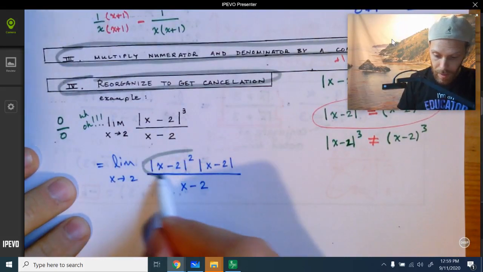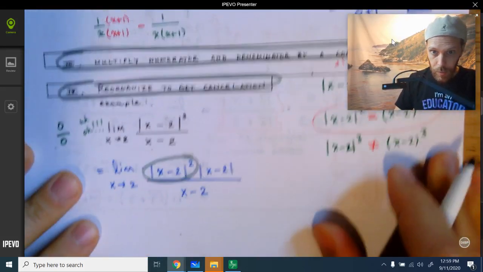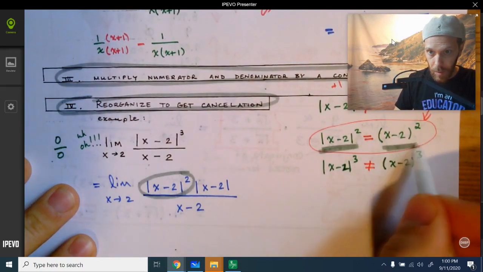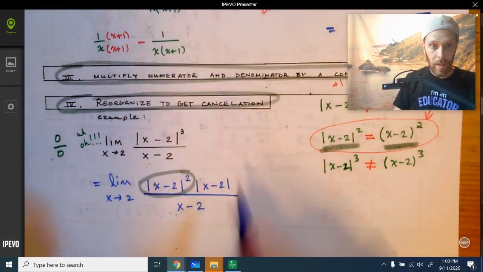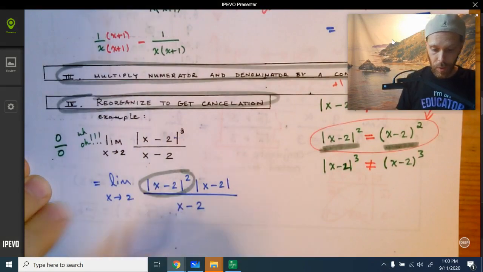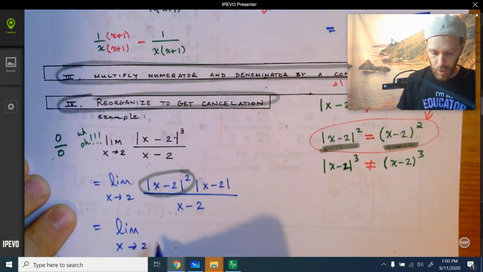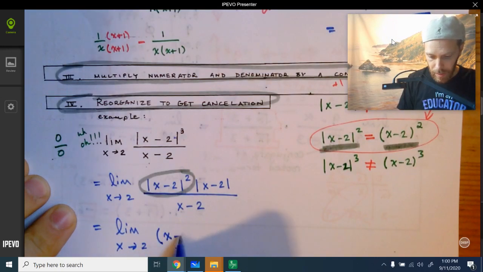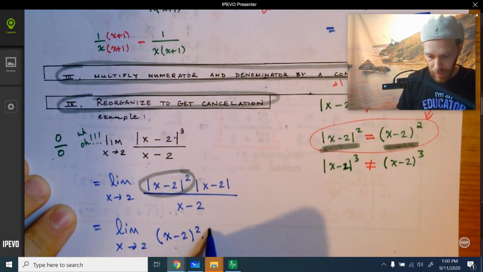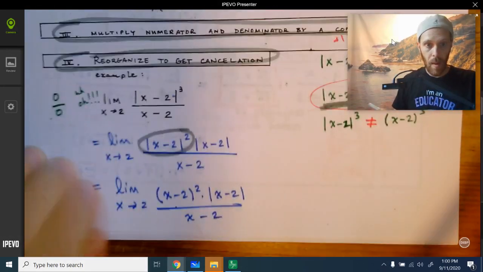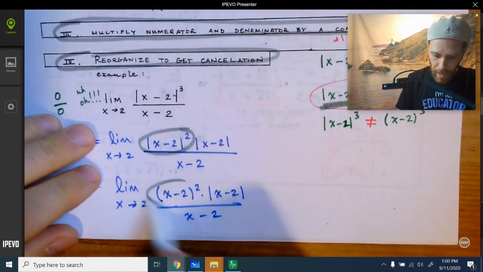Remember this guy? This rule over here says I can replace him with him. So if you rewrite the expression this way, we can now say the limit as x approaches 2 of this times that over this. Okay, so this became this.